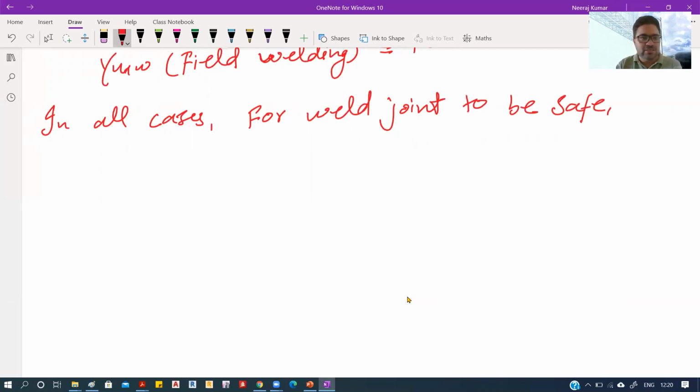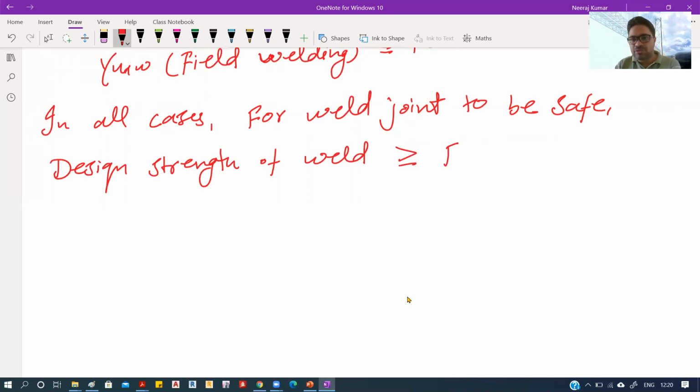The condition is that the design strength of weld should be greater than or equal to the factored load which it is intended to support or transmit. So the design strength of weld, in our case it is fillet weld. So the design strength of fillet weld should be greater than or equal to the factored load.